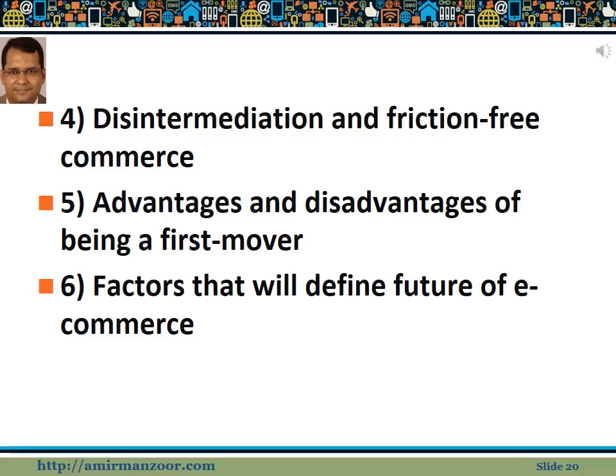Point 5 is interesting. The major advantages of being a first mover are the ability to build a brand name early on and establish a large customer base before followers enter the market, and the ability to build switching costs into the technology or services offered so that customers will find it discomforting to change to a late entering competitor.